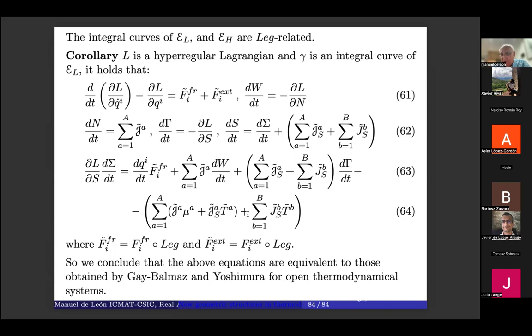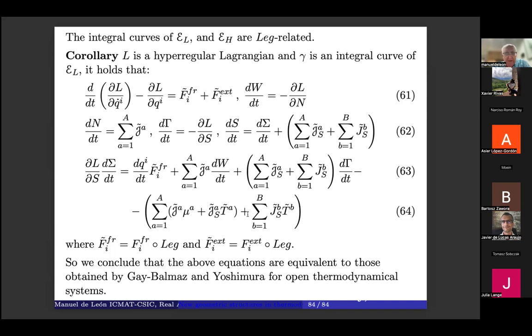And Marco Modugno wrote me an email many years ago, because I met him at several conferences, and I insisted that he call these things cosymplectic. And so he uses these cosymplectic things. But this generalization is introduced in our paper.